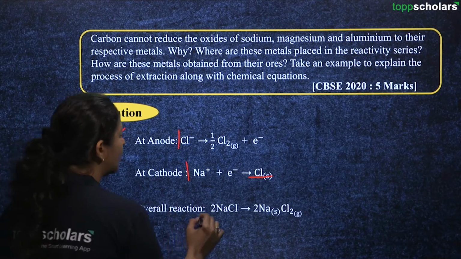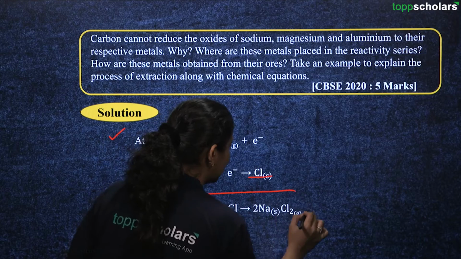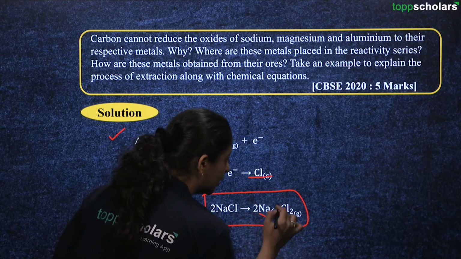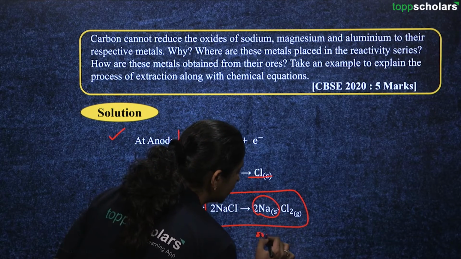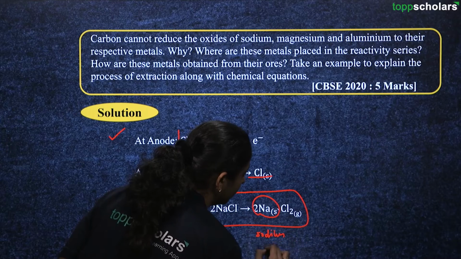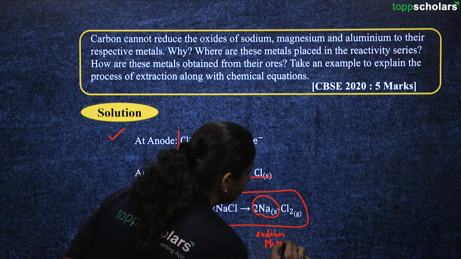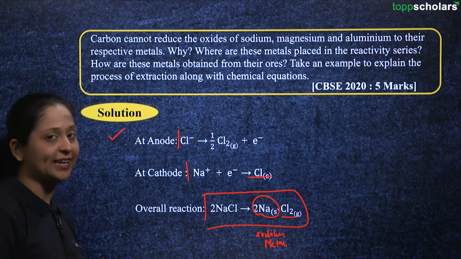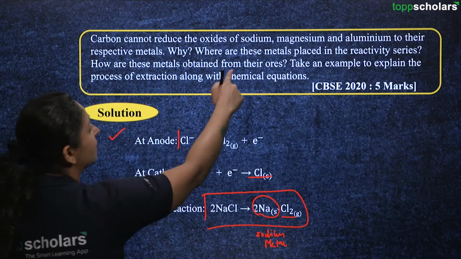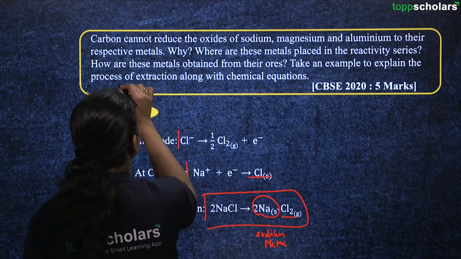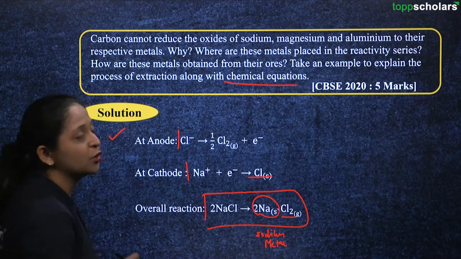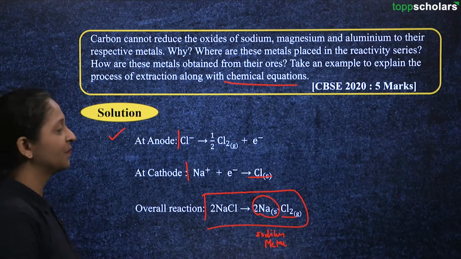So the overall reaction comes out to be 2 NaCl giving you 2 Na in the solid state, your sodium metal is separated, okay, giving you chlorine gas in the gaseous state. So here we answered the final question as well, which is to explain the chemical equation for this reaction.